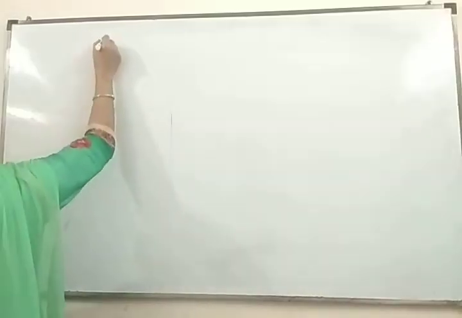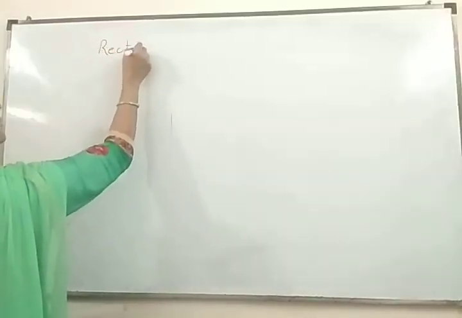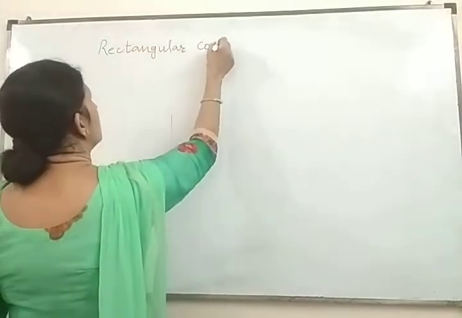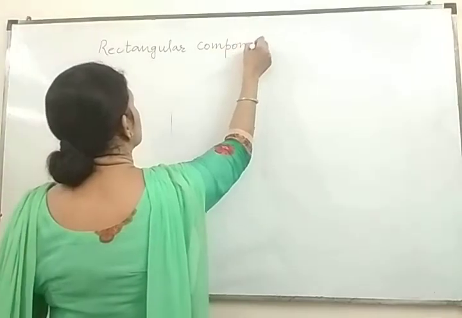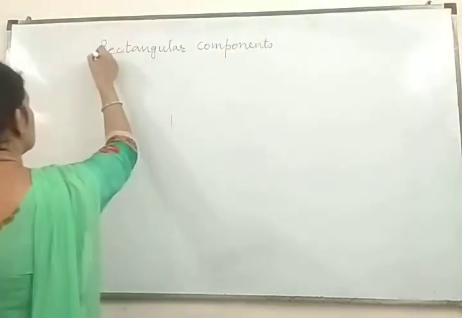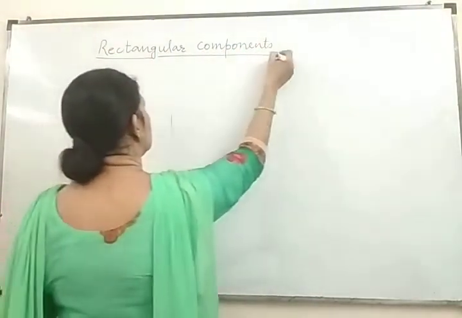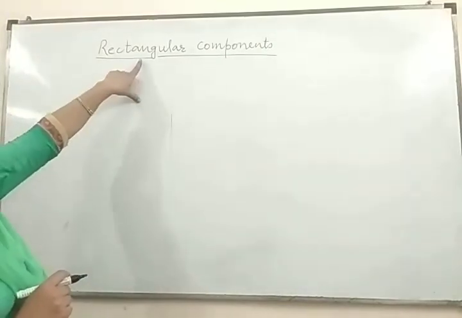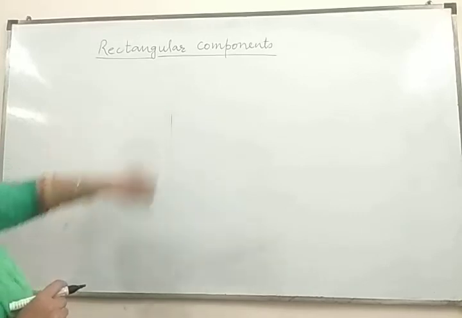Now I will discuss the component vectors in detail. The components of vectors are known as rectangular components. I have discussed this earlier also in the chapter Laws of Motion, so I am repeating the rectangular components again.